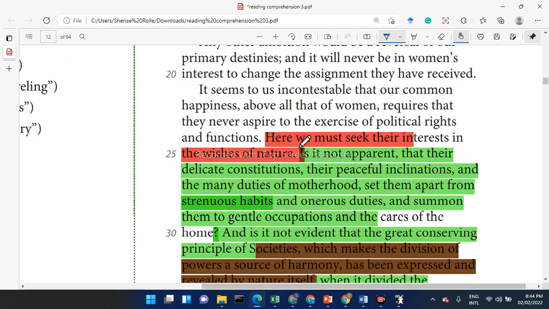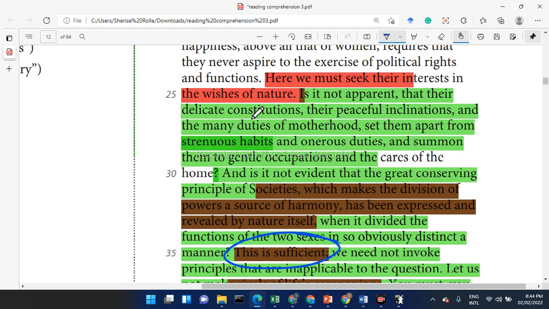What do you say? "Here we must seek the wishes of nature. Is it not apparent that their delicate constitutions, their peaceful inclinations, and the many duties of motherhood set them apart from strenuous habits?" So we're talking about motherhood. What does he believe about these duties of motherhood? Does he believe it's hard? He believes it's easy. Onerous duties. When we say onerous, what does that mean?